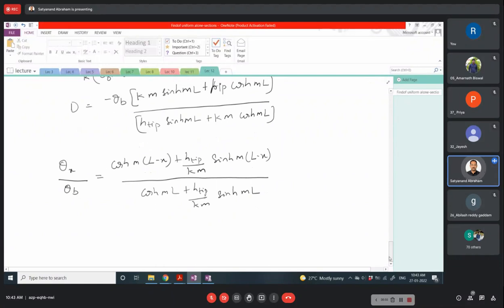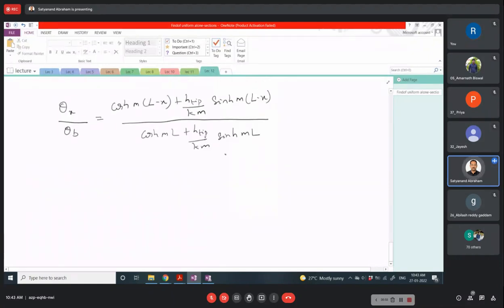That is what we can write for the temperature profile along the length for a convective boundary condition.